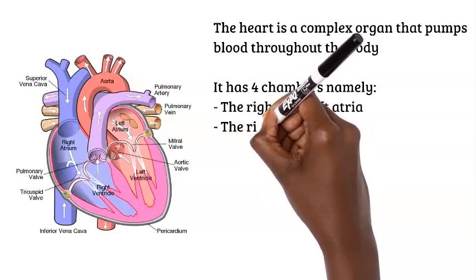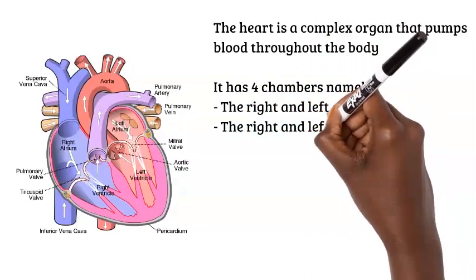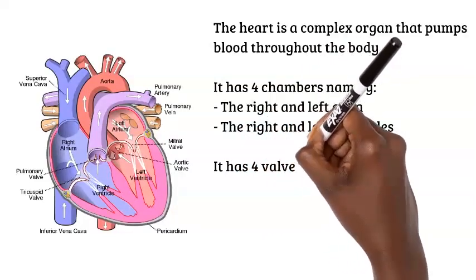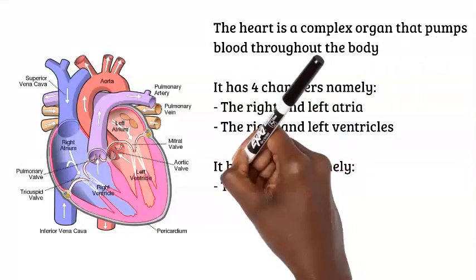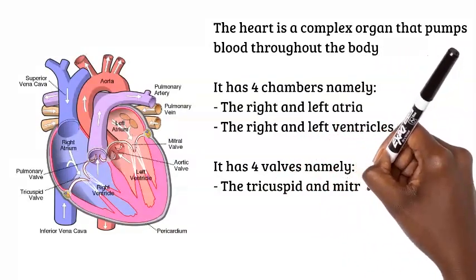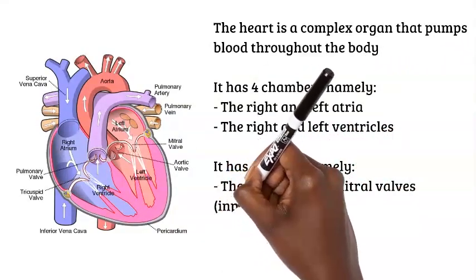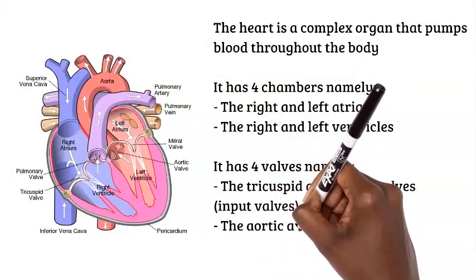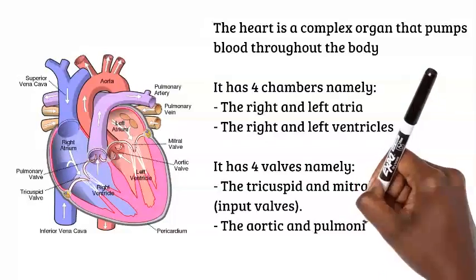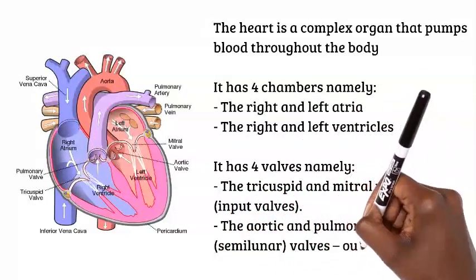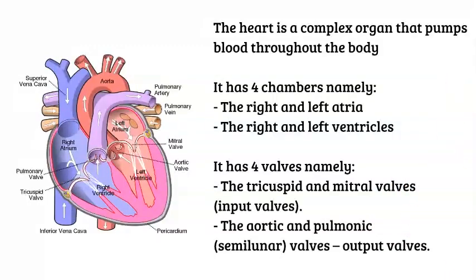The heart also has four valves. These are the tricuspid and the mitral valves, which are also called the input valves. And then we have the aortic and the pulmonic or semilunar valves. These are called the output valves.